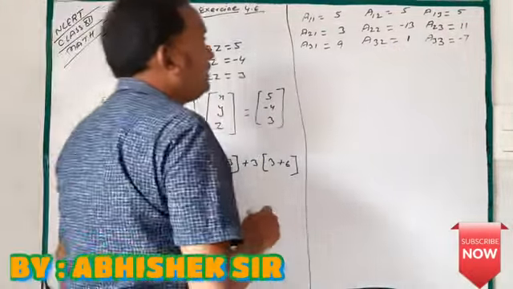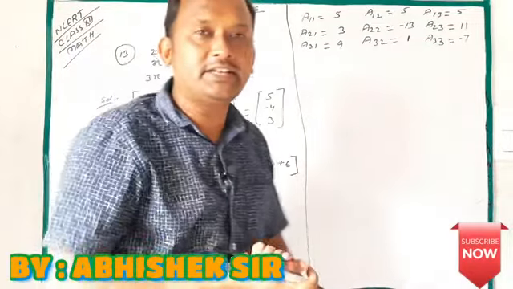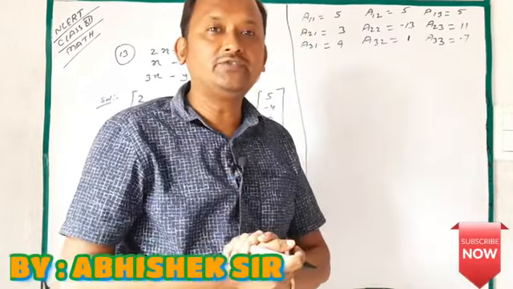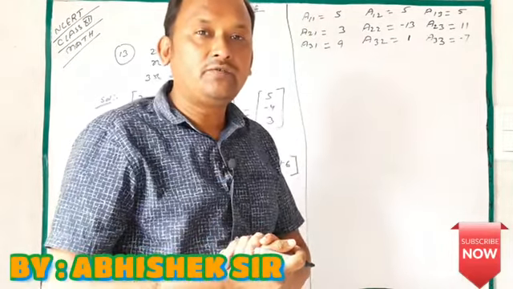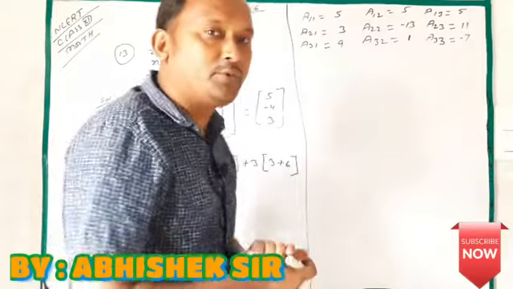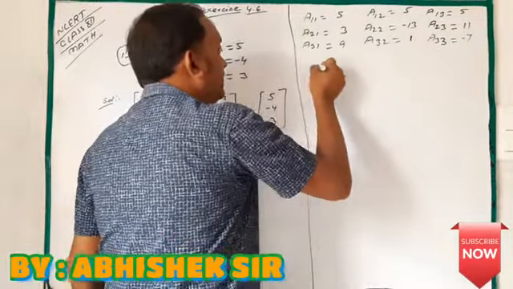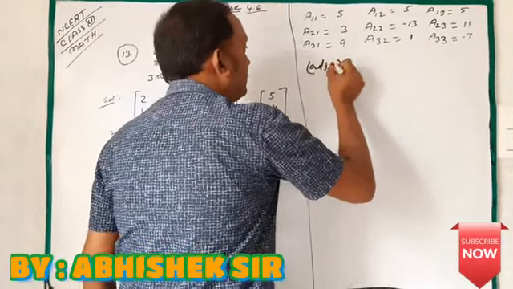Now we have to find adjoint of matrix A. Students, you know how can we find adjoint of matrix A? To find adjoint of matrix A, we have to transpose the cofactors.